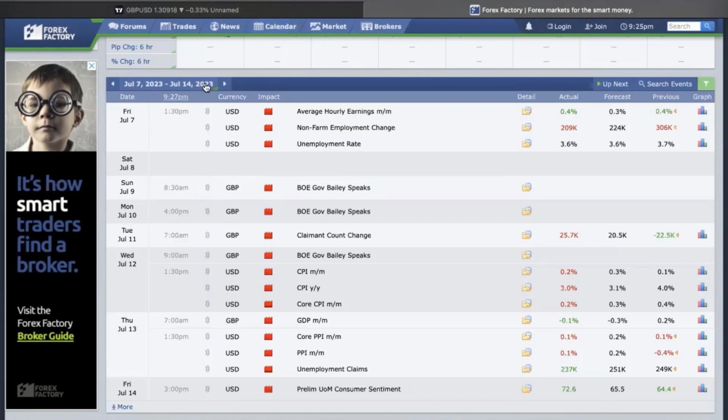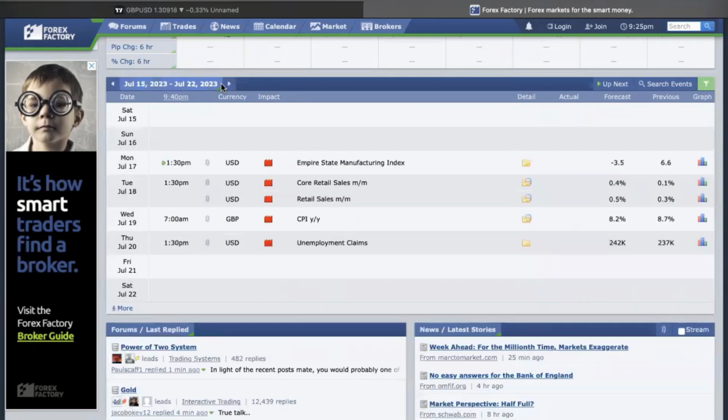So you can see now, we are having more news for next week. At 1:30 Monday, we're having the Empire State Manufacturing Index. The next one, we are having core retail sales month on month.